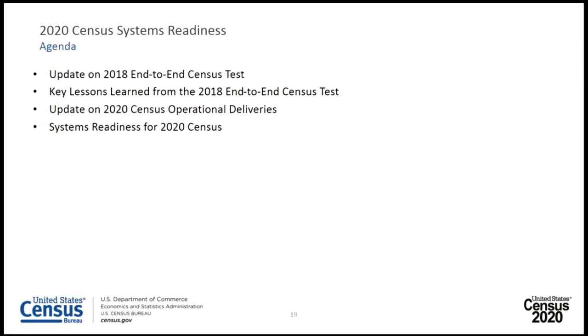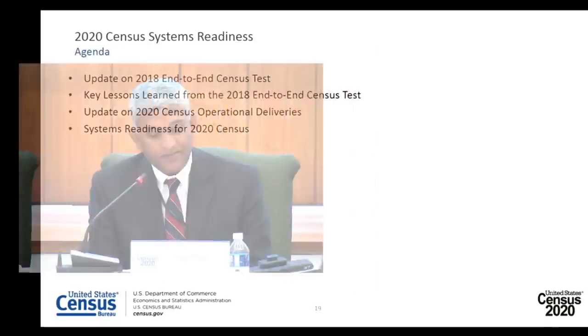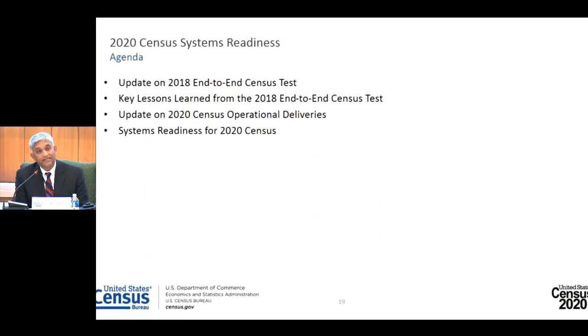We learned valuable lessons out of the 18 tests from a systems perspective as well, and I'll present some of those key lessons learned along with actions we are taking in response to those lessons. I'll then switch gears and give an update on the operational deliveries for the 2020 census and the status of systems, including the set cap systems that are part of each of those operational deliveries.